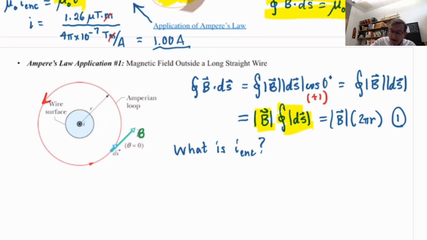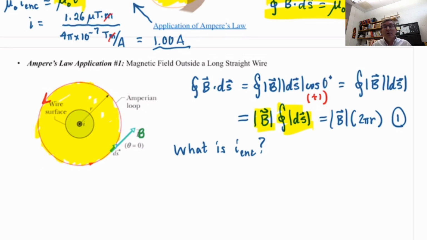And now let me highlight the surface that is interior to the Amperian loop. It is this entire surface here that's kind of a disc shape inside the radius r. I need the total current that pierces through that surface that I shaded in yellow. Got to be able to visualize that. And I have to account for whether it's positive or negative.